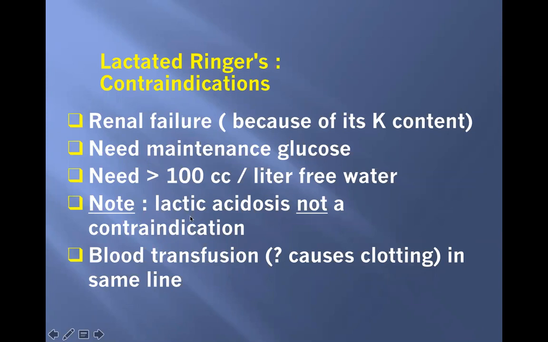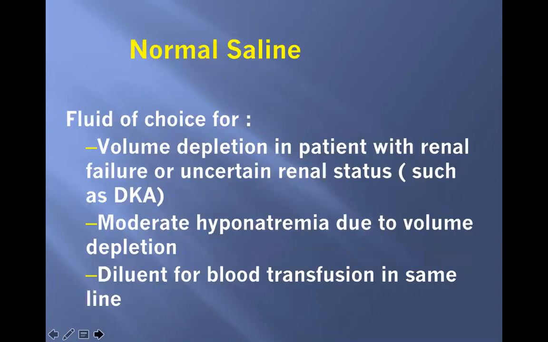Note that lactic acidosis is not a contraindication because the lactate will be metabolized into bicarb. And in cases of blood transfusion, because it causes clotting in the same line.